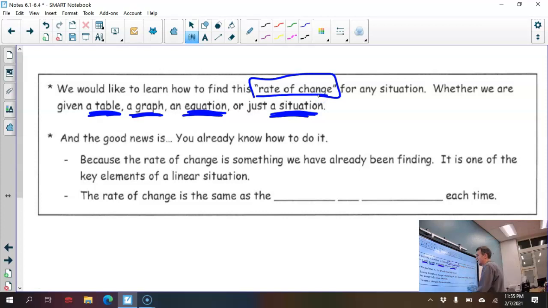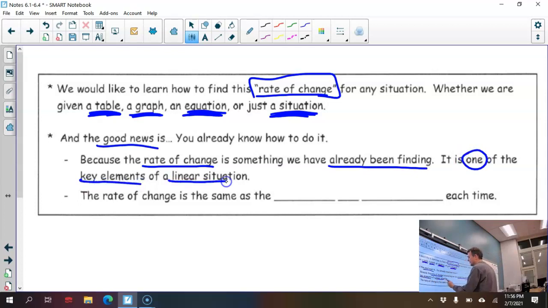Well, I have great news for you guys. Here is the good news. You already know how to do it because rate of change is something we have already been finding. Did you know that? It is one of the key elements of a linear situation.